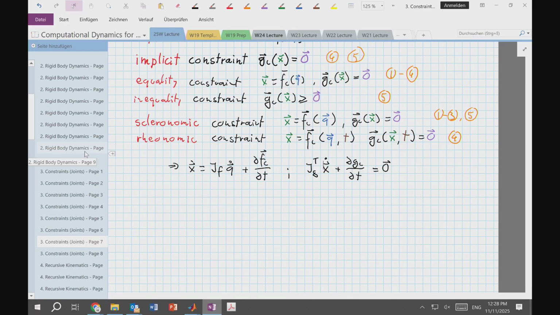Sorry, I missed one. We have one last constraint classification, and that is between holonomic and non-holonomic constraints.